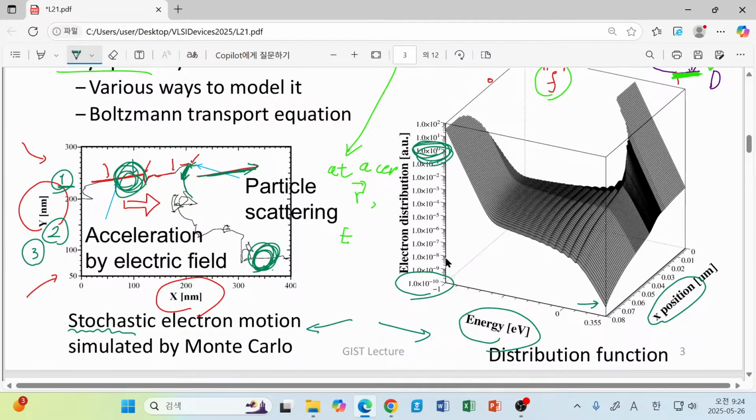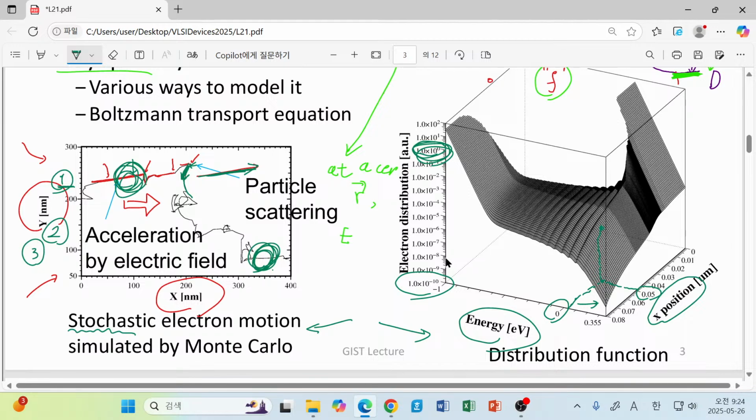If we have these graphs, for example, if I ask you a certain question, at a position of 50 nanometers, please try to find an electron whose energy level is given as 0. Then what you can do is make the cross point over these two numbers and find out certain values.